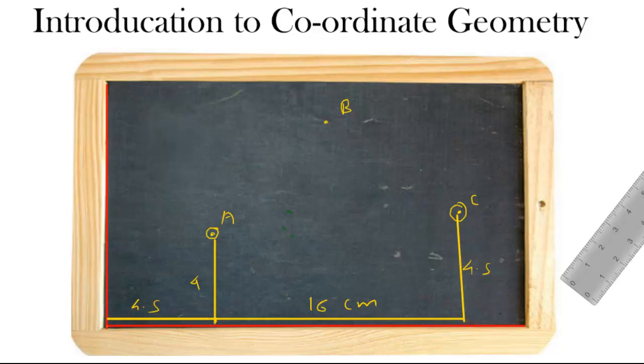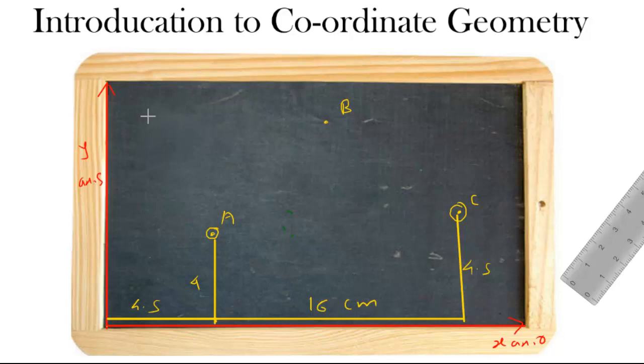The horizontal axis, this red line, is called the x-axis, and this vertical axis is known as the y-axis. It is always customary, to describe any point, that we will consider the horizontal distance first.